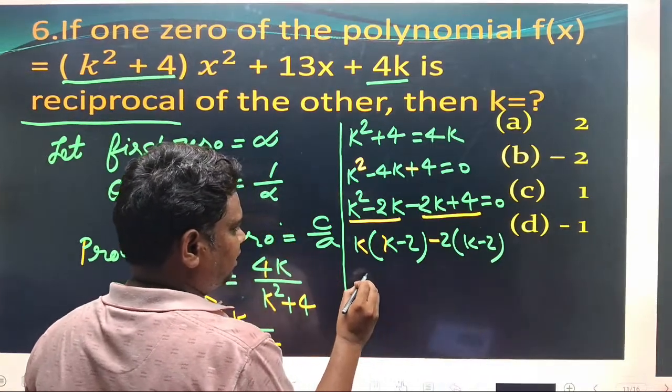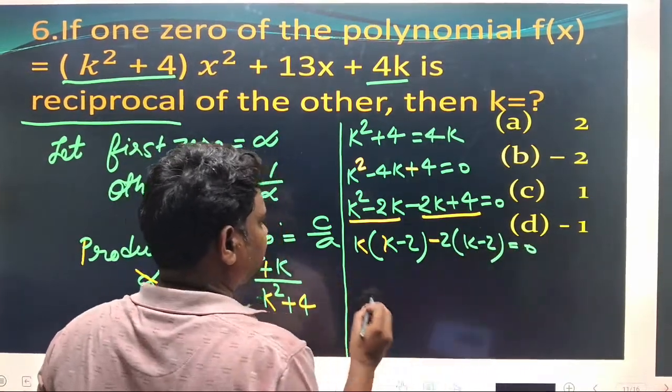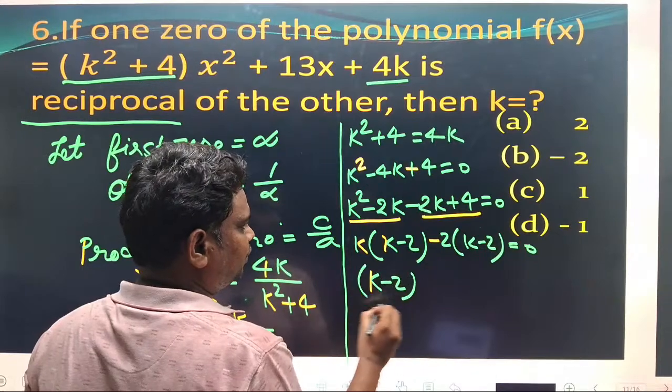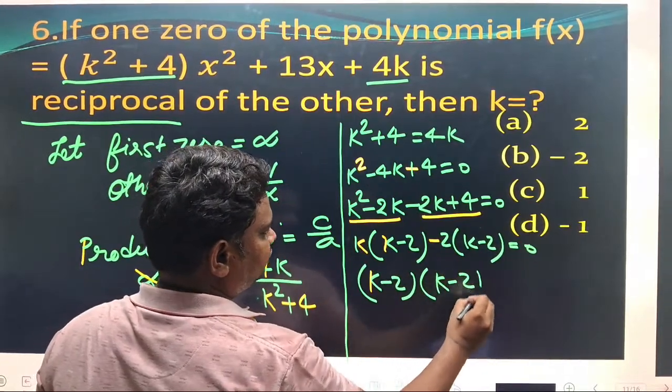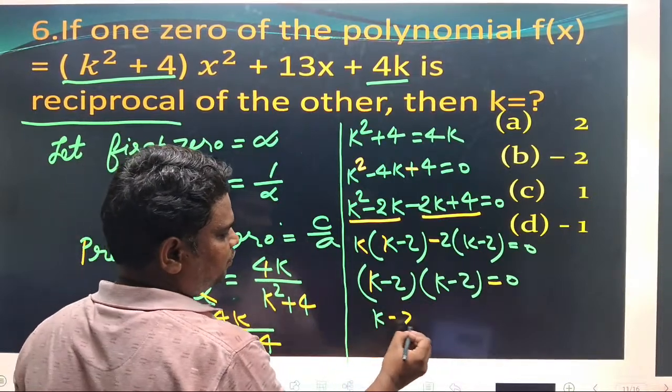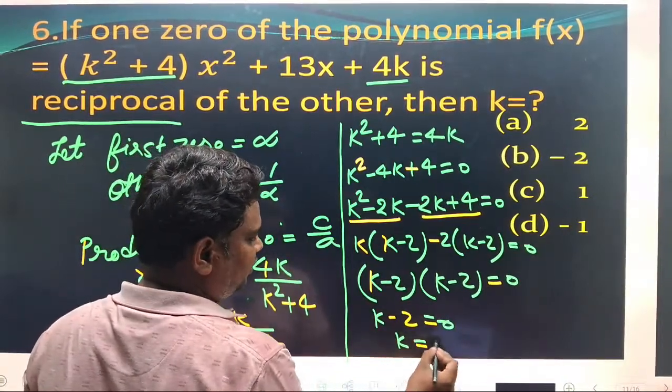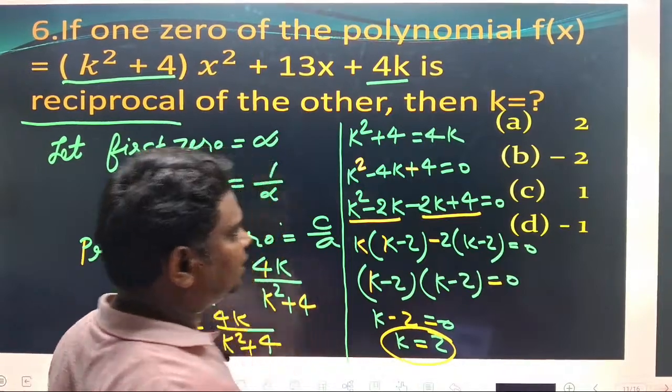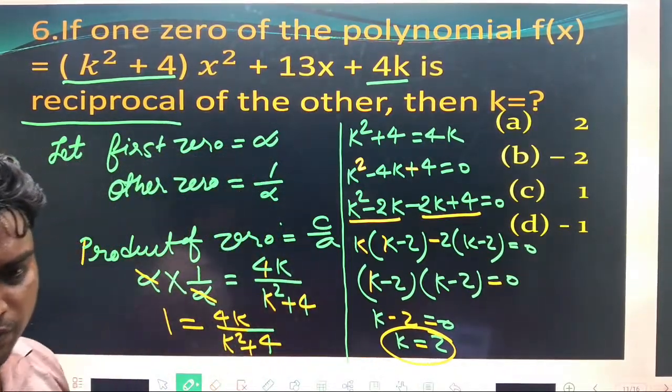The factors are k minus 2 and k minus 2. Comparing with 0, k minus 2 equals 0, so k equals 2. The result is k is equal to 2.